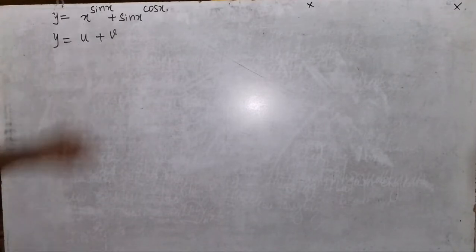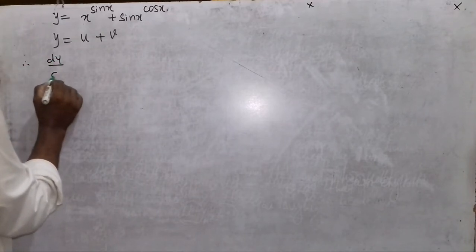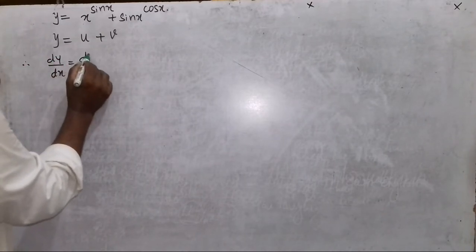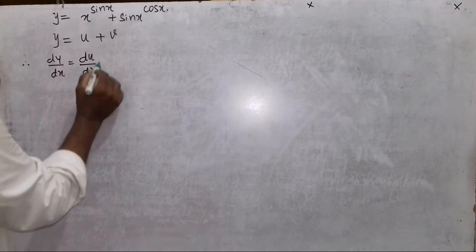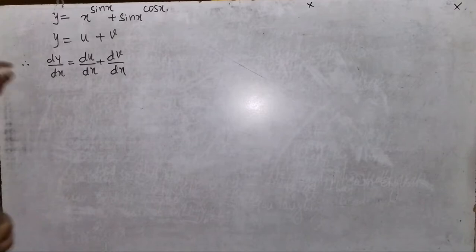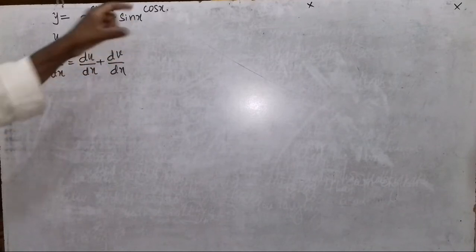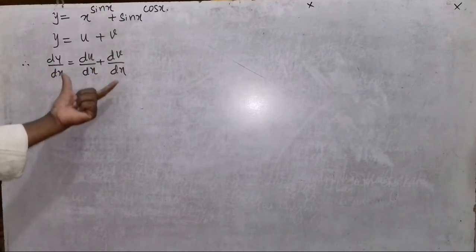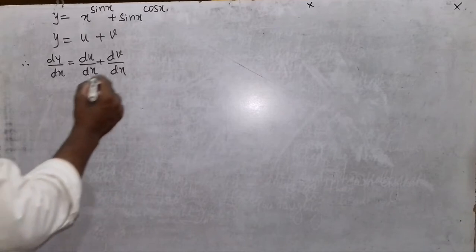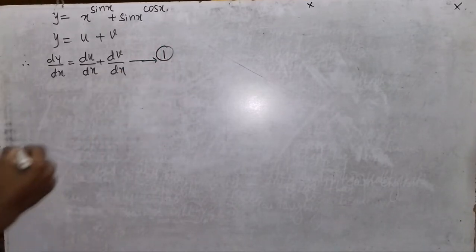Differentiating this gives dy upon dx equal to du upon dx plus dv by dx. After finding the derivatives of u, that is x raised to sin x, and of v, that is sin x raised to cos x, substitute in this equation. Call this equation 1.